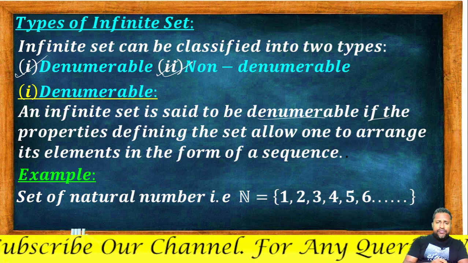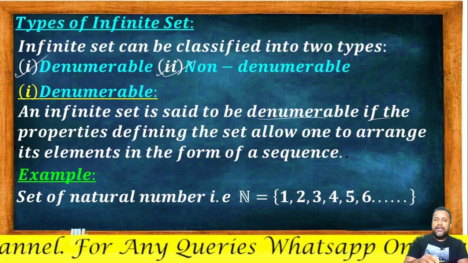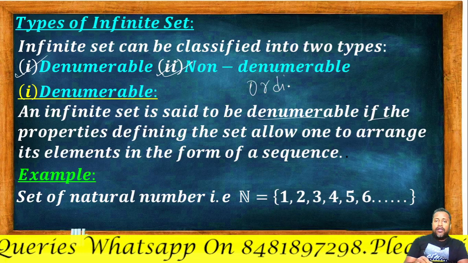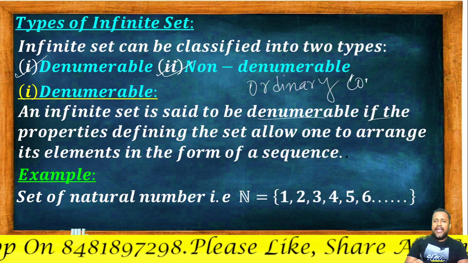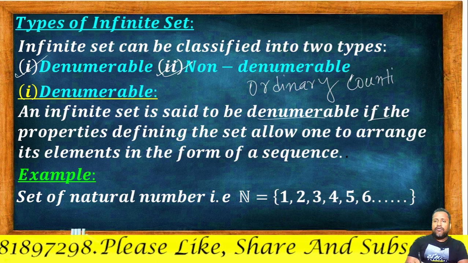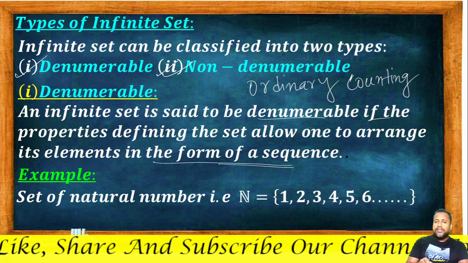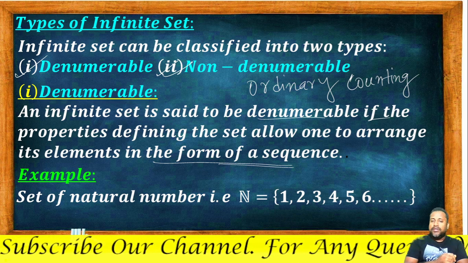Means if we can determine the elements of a set by ordinary counting, and if we can arrange the elements of a set in the form of a sequence, then we can say the given set is a denumerable set.